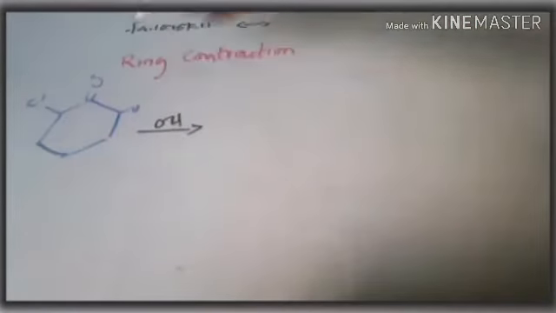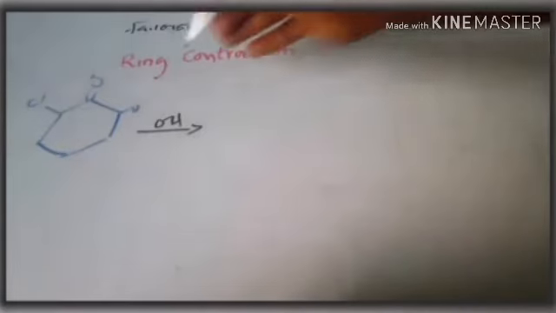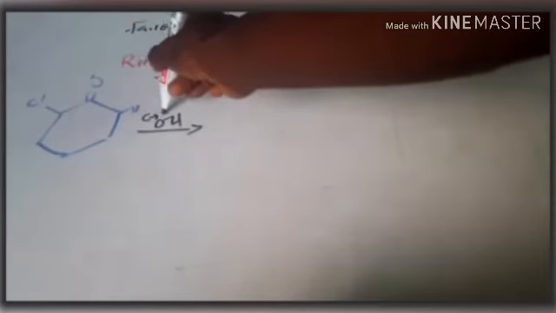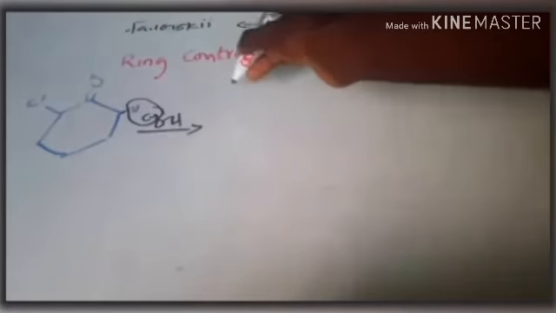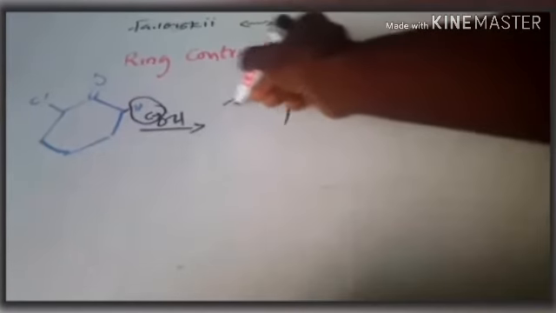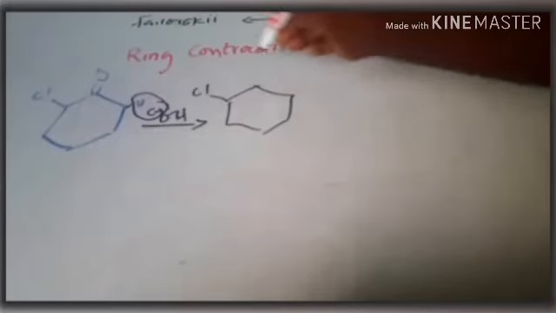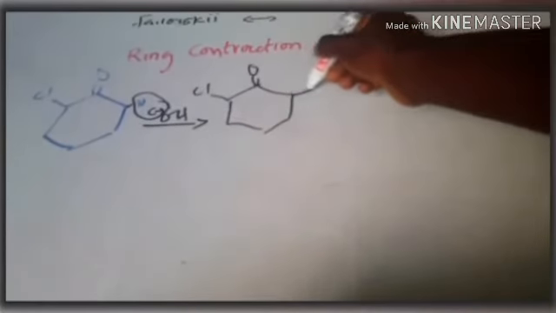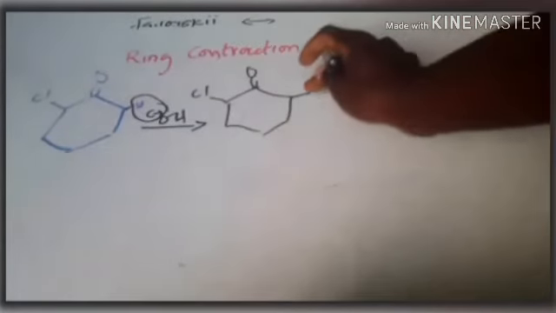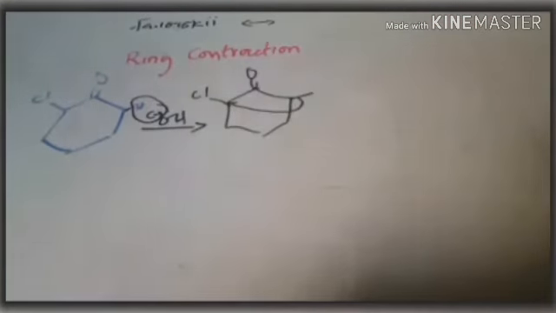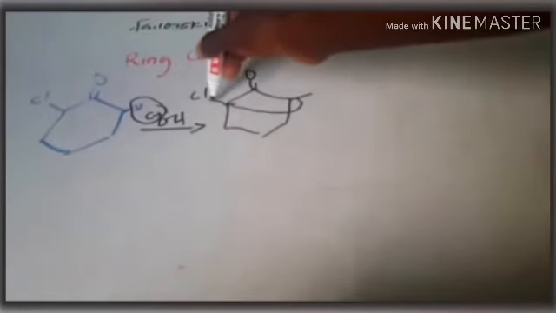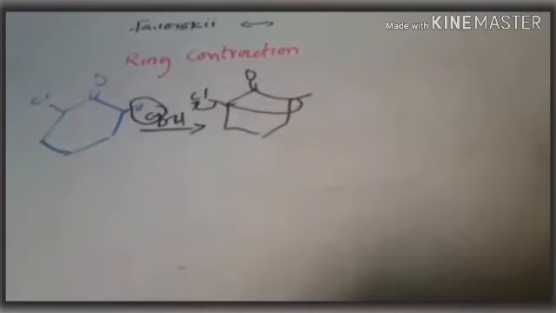So normally the reaction starts with OH. So this OH here will attract this proton, and this place will be open. So we get this Cl. Now this bond now is left. So this bond will attack this carbon here, and chlorine will be kicked off.